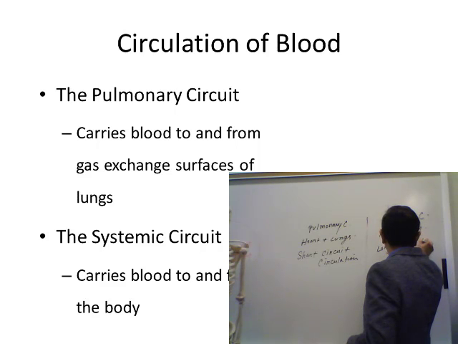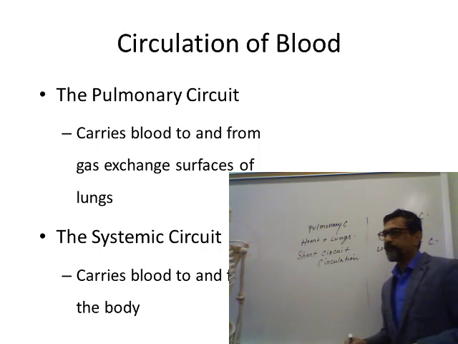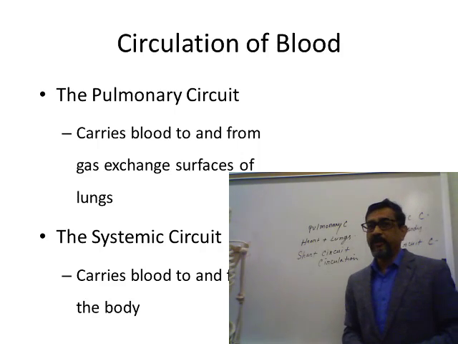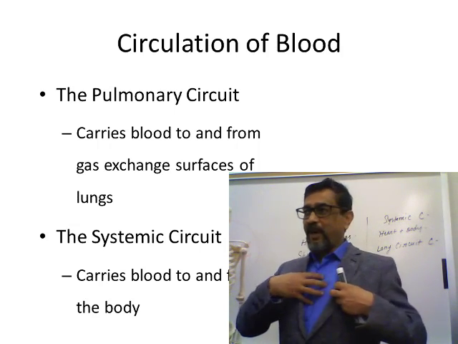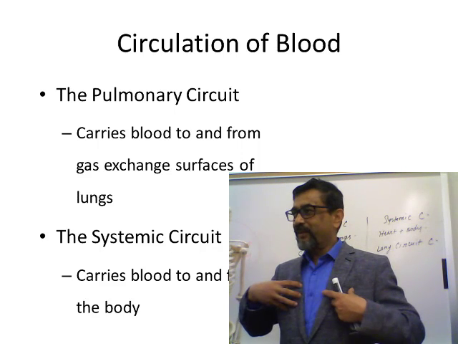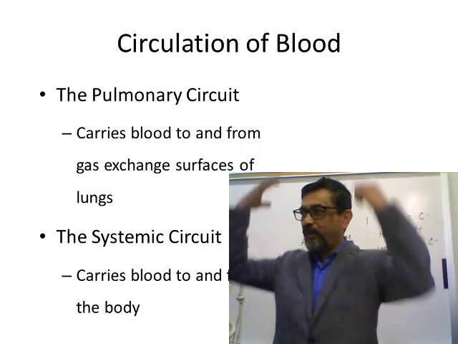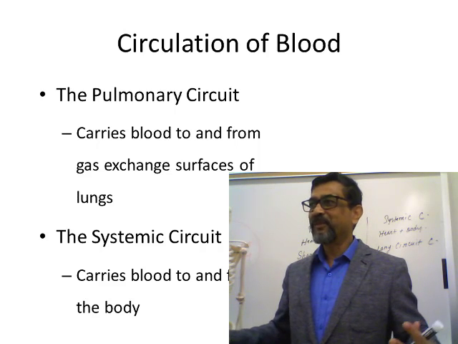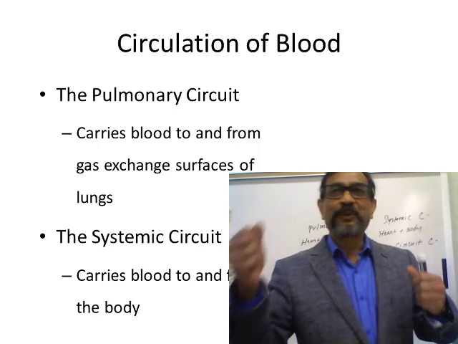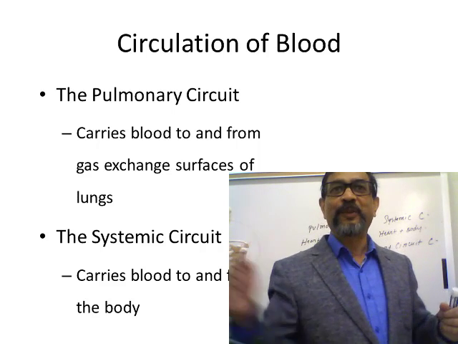So pulmonary circulation is a low pressure system. Systemic circulation is a high pressure system. Okay? High pressure system.